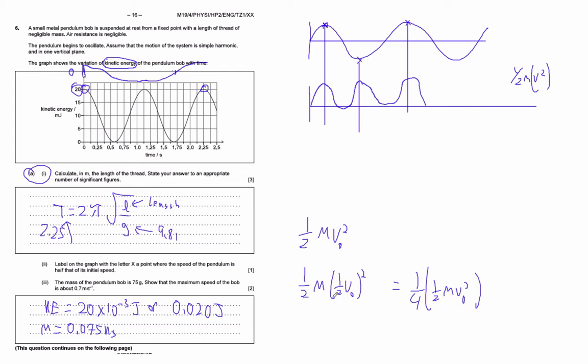Then just use this formula, 1/2 mv squared is the kinetic energy. Plug that in for your kinetic energy, plug that in for your mass, solve for your velocity. I got something between 0.7 and 0.75 meters per second. So it's not exactly that. Whenever they say it's about that, make sure on all those problems that you always show the next sig fig, because they're looking for it. That answer is given.